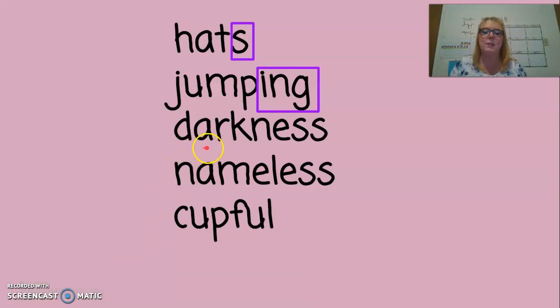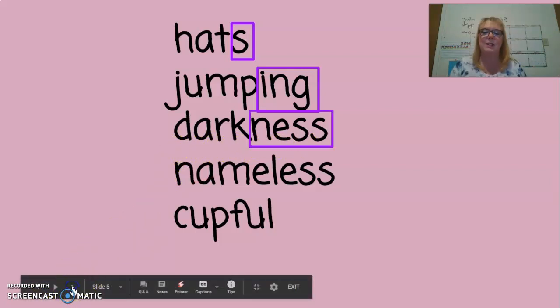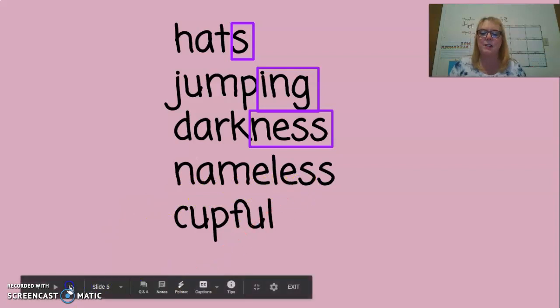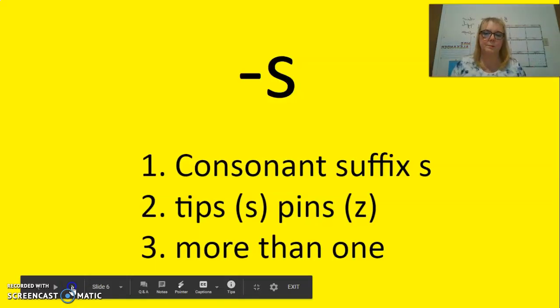And the next word? What do you see at the end of that word? Okay, NESS, ness. This word, what is our suffix? Less. And our final word, what is the suffix there? Full.